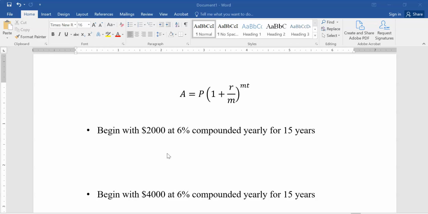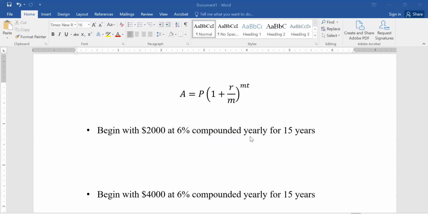If we look at each one of these separately, you can see the present value, the rate, the M, and the T clearly show up. In our first example, the present value is 2,000. That's our starting amount. The rate is 6%. We'll translate that into a decimal of 0.06 when we put it into the formula.